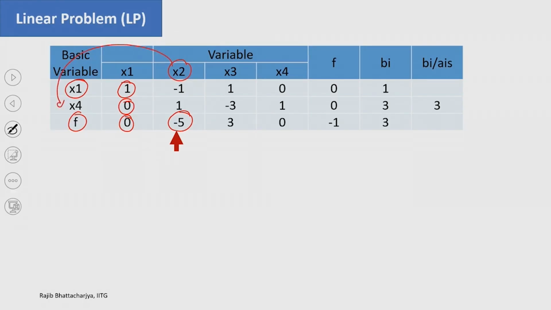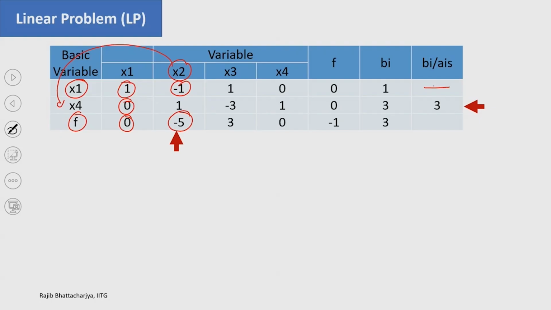Now, whether x2 will replace x1 or x4. So, what we will do basically is calculate the ratio between b_i by a_is. So, here the coefficient of x2 in the first equation is negative. So, therefore, we will not calculate that one, because if we consider that, it will actually be an unbounded solution anyway.